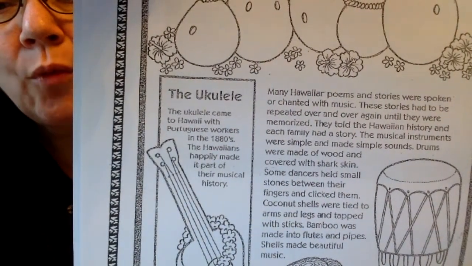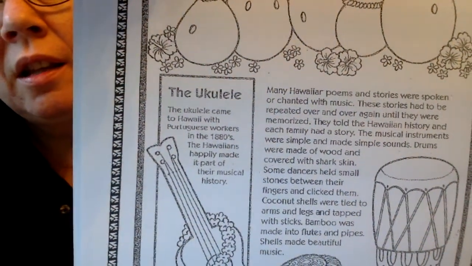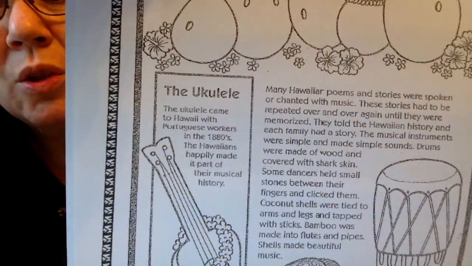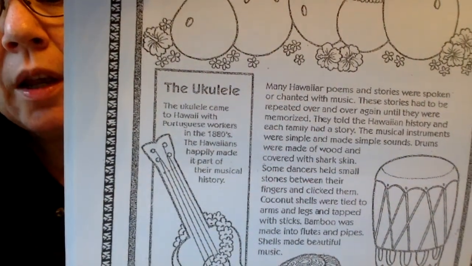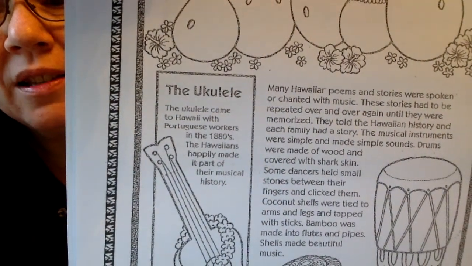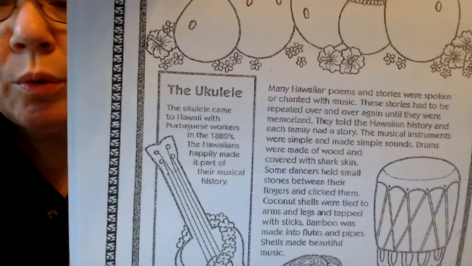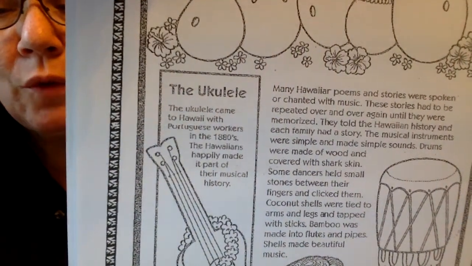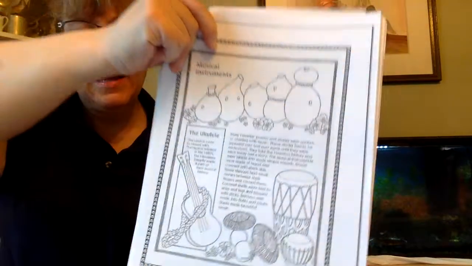Drums were made of wood and covered with shark skin. Some dancers held small stones between their fingers and clicked them. Coconut shells were tied to arms and legs and tapped with sticks. Bamboo was made into flutes and pipes. Shells made beautiful music. Okay, so that's how they made music. Those were musical instruments of Hawaii.